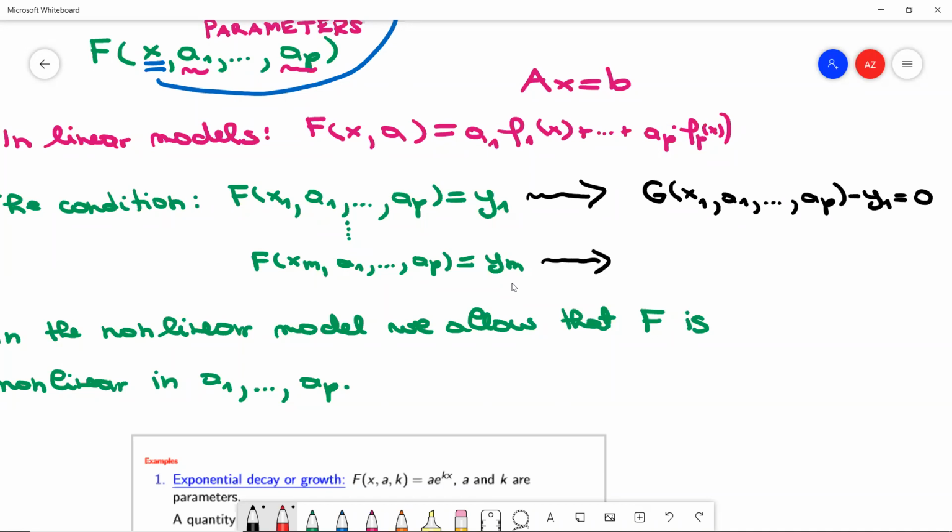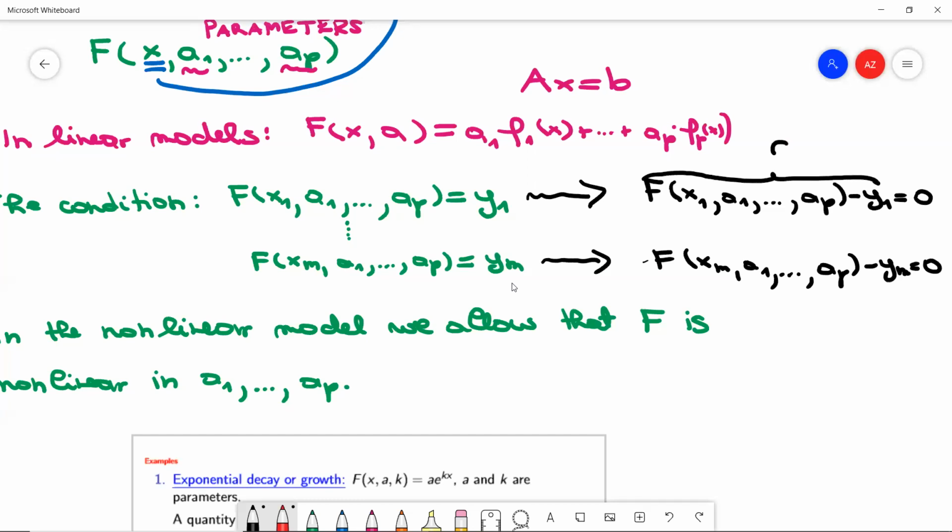And here, this is still our f, we just rewrite this system into f of xm, a1 up to ap, minus ym is equal to 0. And this is now our g.